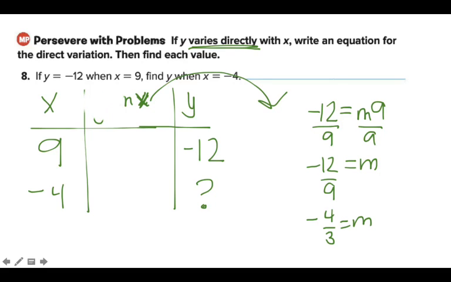So what we have here is my function formula is going to be y equals negative 4 thirds x. What does that mean?